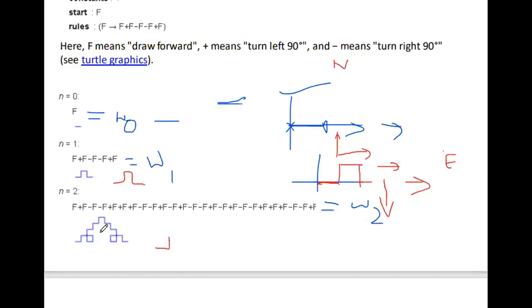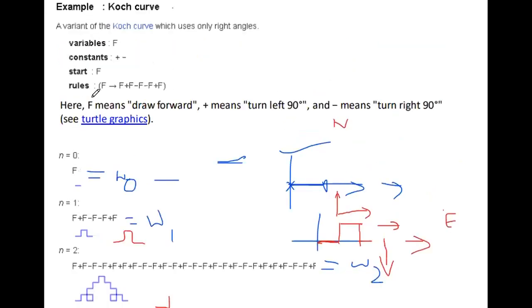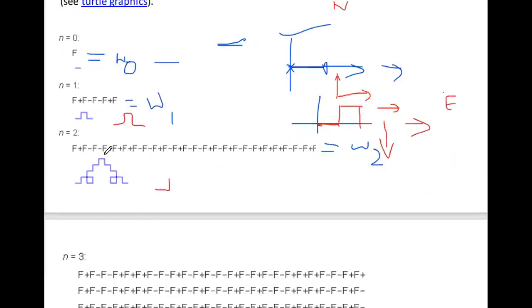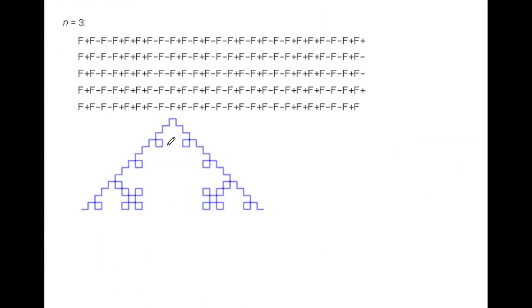When you specify these symbols, these characters in the alphabet, in this way, you can visualize these words. That's why you get these two-dimensional blocks.